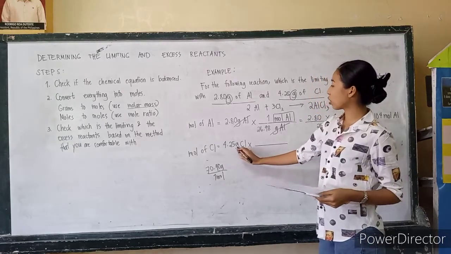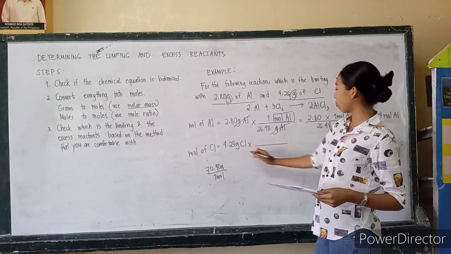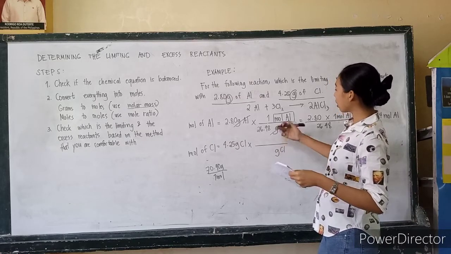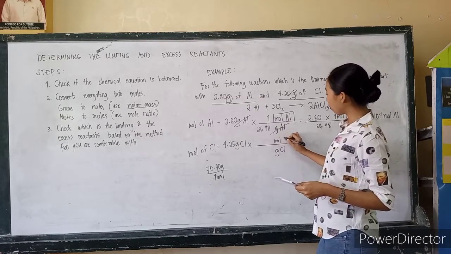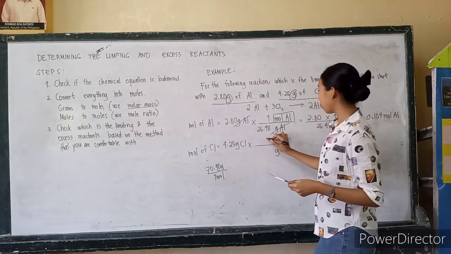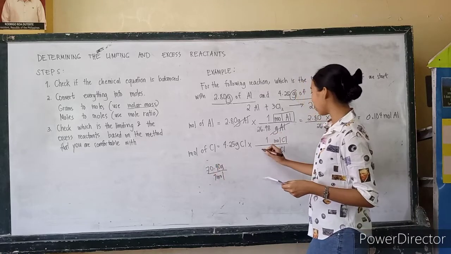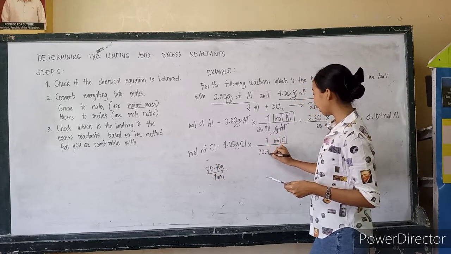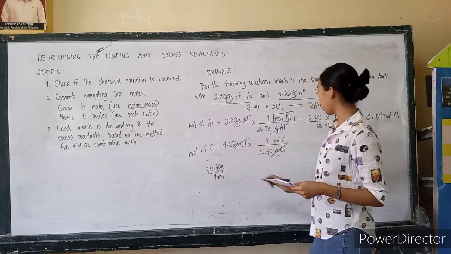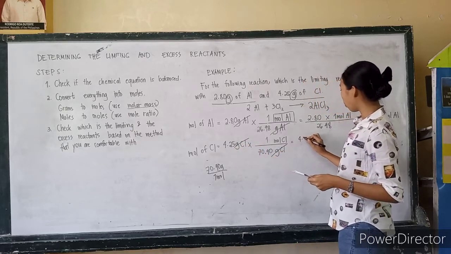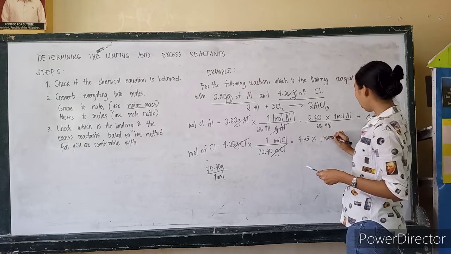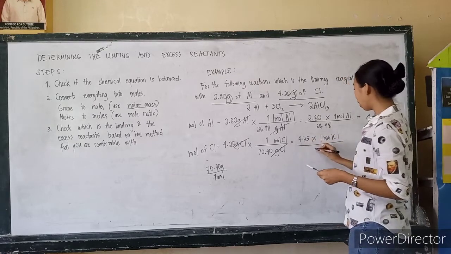So, we want the grams on top to cancel out. So, what we put below is grams of Cl. What we put on top is the mole of Cl. So, the 1 is on top, and the 70.90 is at the bottom. So, this side and this side cancel out. What remains is 4.25 times 1 mole of Cl over 70.90.